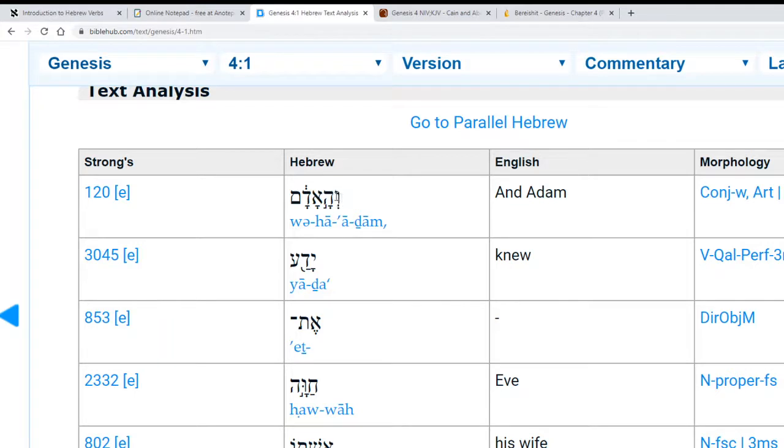That is the conjunctive vav, right? Ha-adam, that's the article the. So I don't like actually using the word the name Adam here because there is that article there. So for me, I think it would be better to actually translate it as the man.